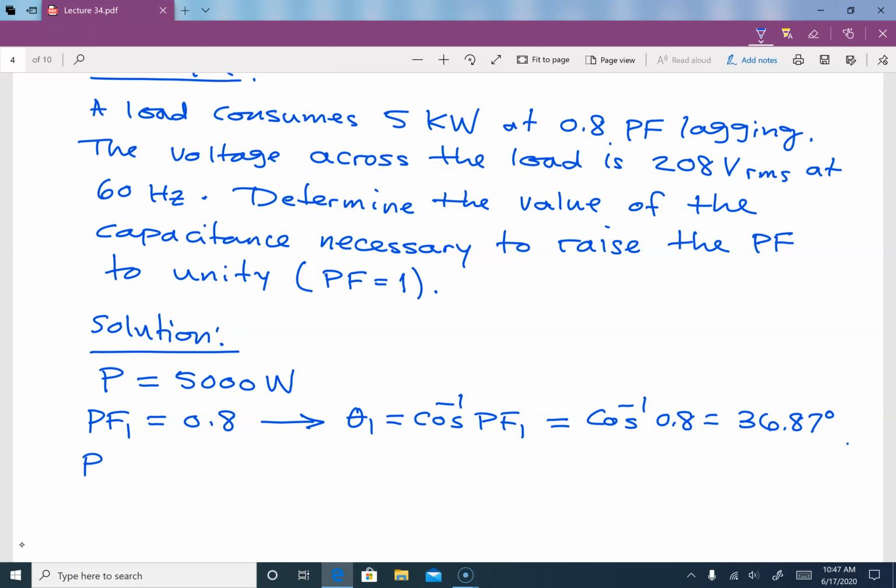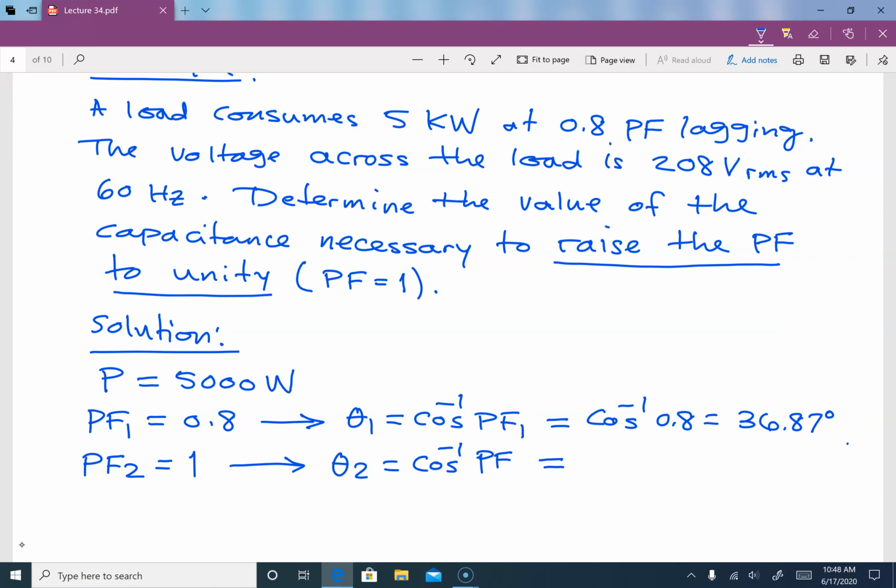Then we have to go with our PF2, power factor 2, that is 1, because this is here to raise the power factor to unity. That means theta 2 is equal to the inverse cosine of PF2, and that is the inverse cosine of 1, and that is equal to 0 degrees.